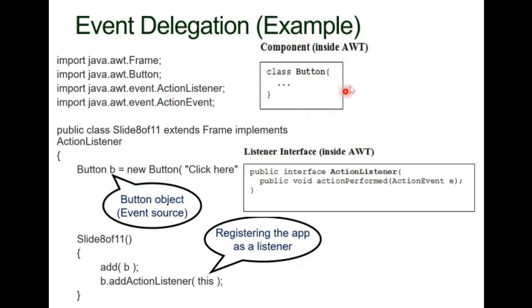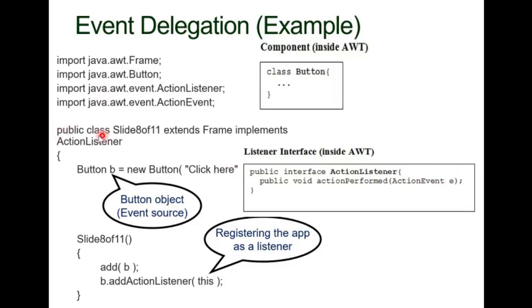This is the button class, where we have defined some methods. We also use the listener interface inside the AWT, declared here as public interface ActionListener. Then we have the function public void actionPerformed, which takes an ActionEvent object. Through the object, we call the function.